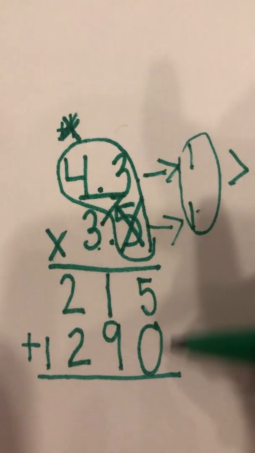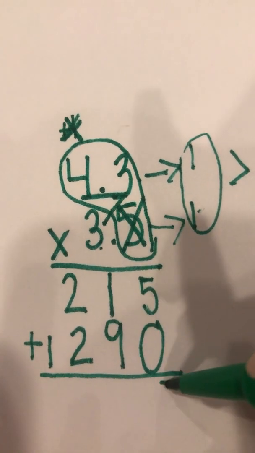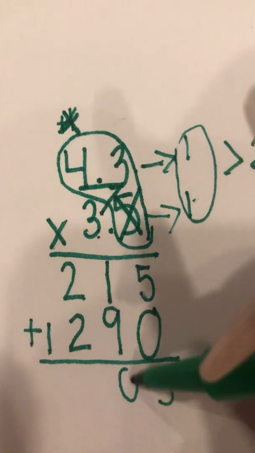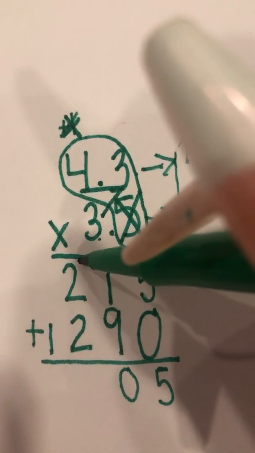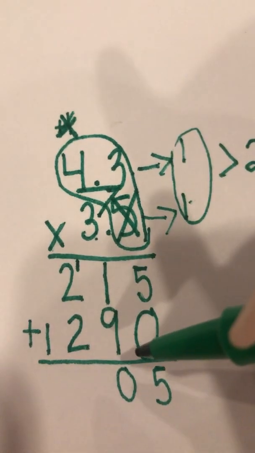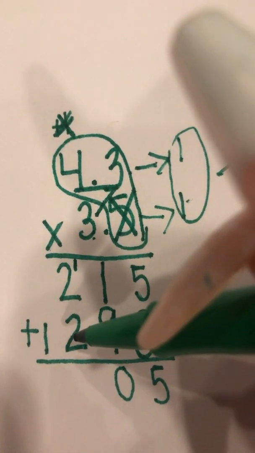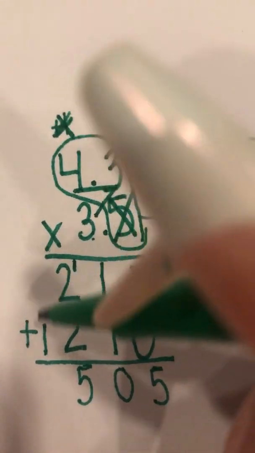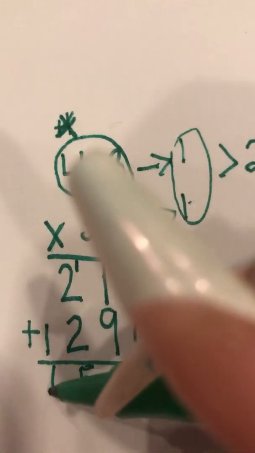Let's go ahead and add. 5 plus 0 is 5. 9 plus 1 is 10. So bring down your 0. Carry your 1 on top of these 2's. So now I have 1 plus 2, which is 3. 3 plus 2 is 5. Now I have nothing plus 1, which gives you 1.